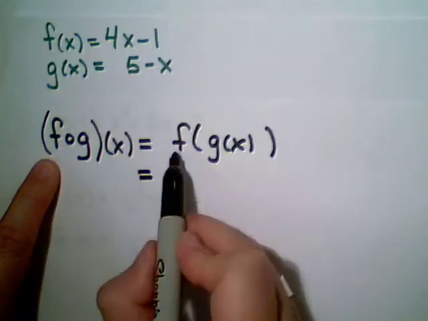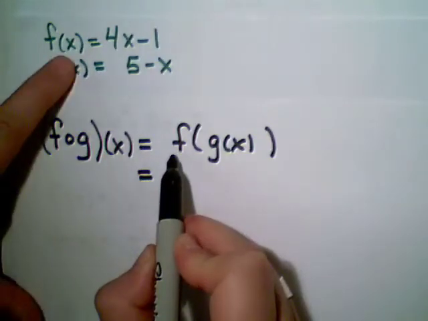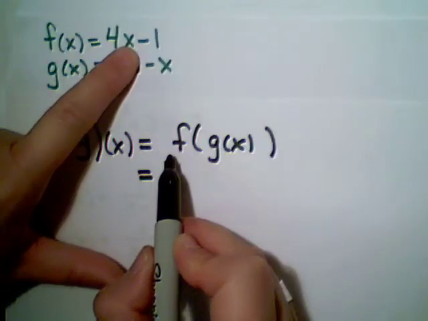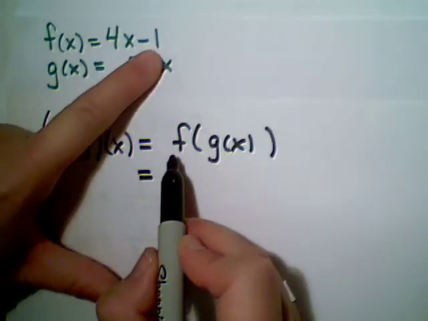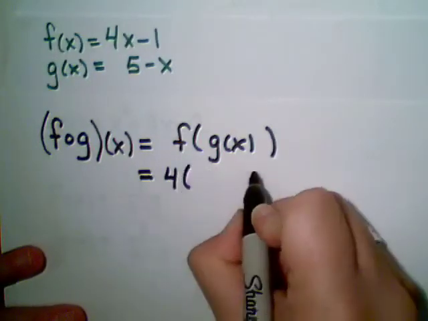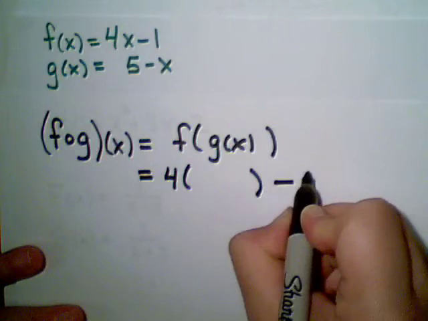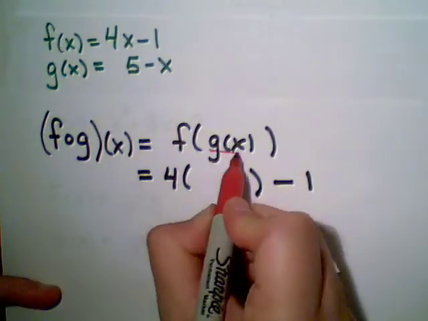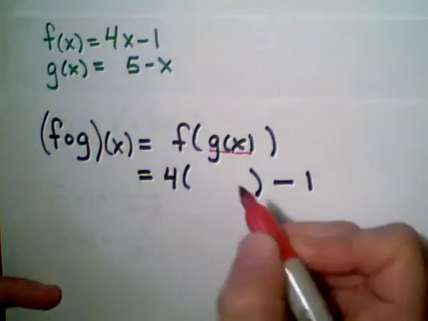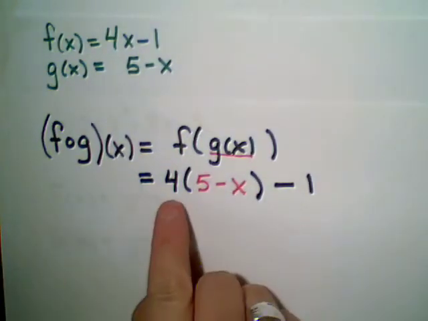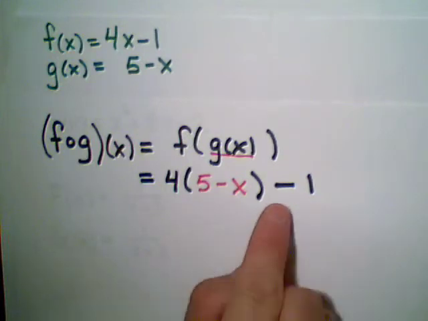Okay. Well, f of x takes 4 times the input and then subtracts 1. So we need to write down 4 times our input and then subtract 1. But our input is the function g of x. So we write down 4 times this difference minus 1.